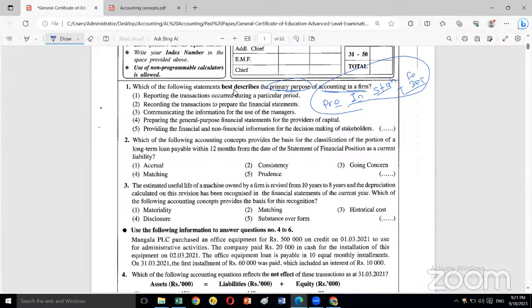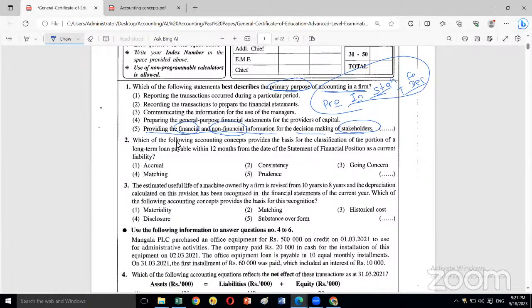Providing information to the stakeholders for their decision making. Here, what is the answer? Providing the financial and non-financial information for the decision making of the stakeholders.